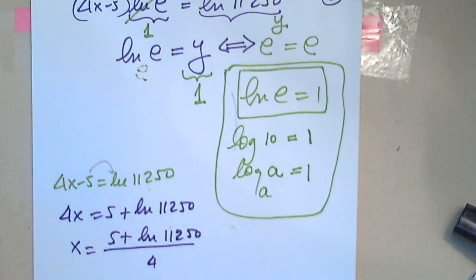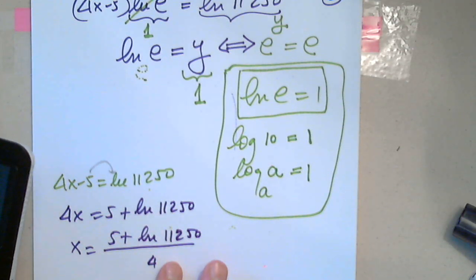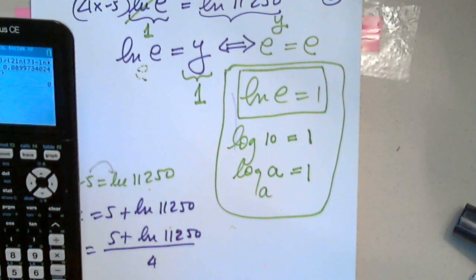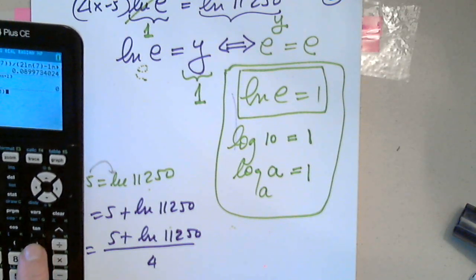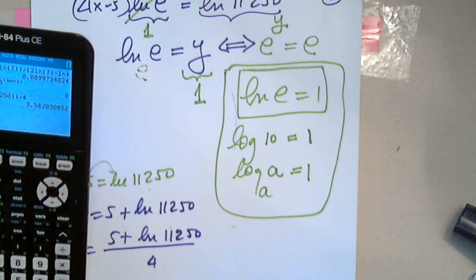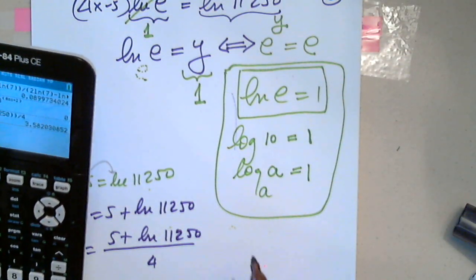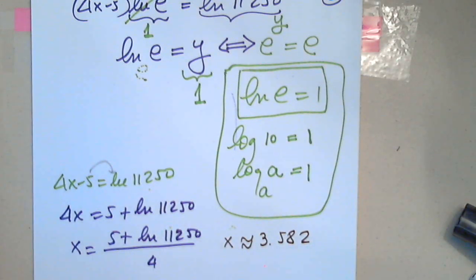Okay, very good. So remember, parentheses around the numerator. The denominator has only one term, so it's okay without parentheses, just this time. So left parenthesis, 5 plus natural log 11,250, close the parenthesis for the numerator, and then divide by 4. And I got 3.582. So x is approximately 3.582.